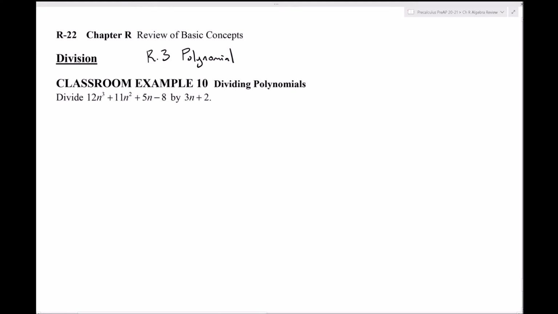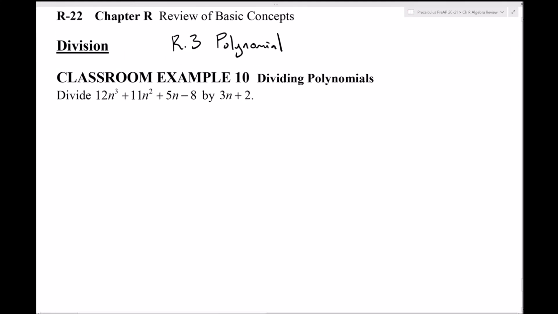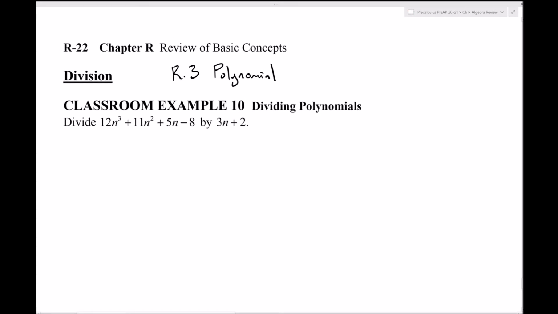So let's see, example 10: we're going to divide that polynomial by this other polynomial. This is what I said in class was the dividend. This is the divisor, the one that is doing the dividing. That's what we're dividing by. The way you set it up is divisor on the outside, dividend on the inside.